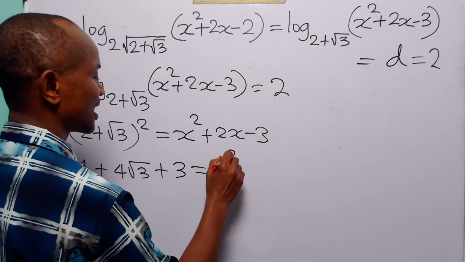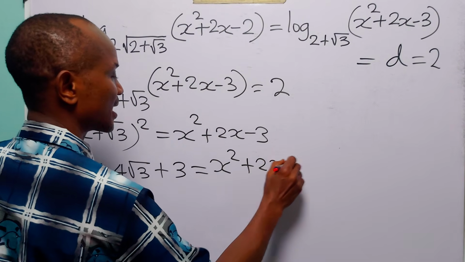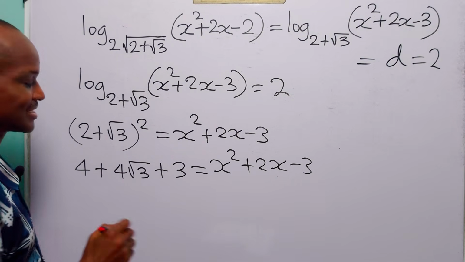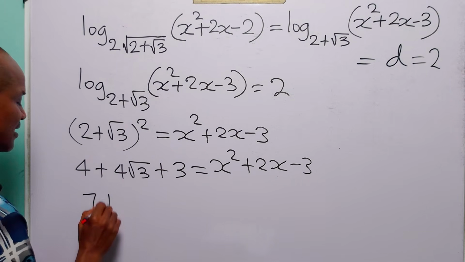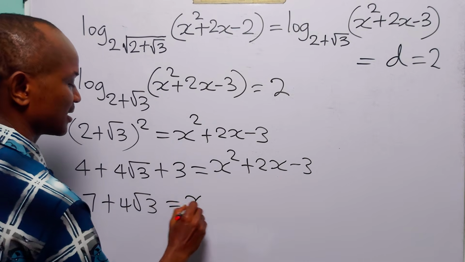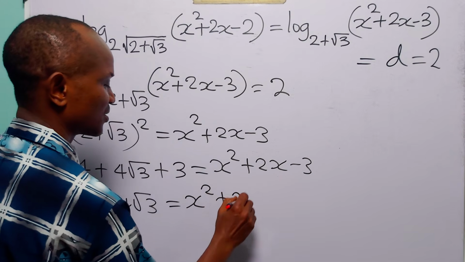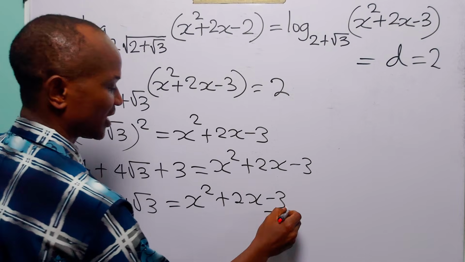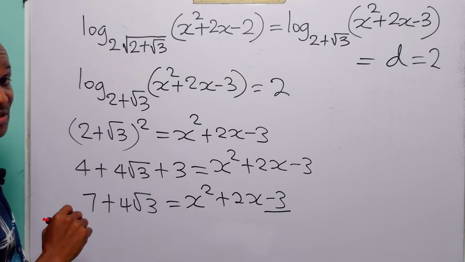This is equal to x squared plus 2x minus 3. 4 plus 3 is 7. So this is equal to 7 plus 4 root 3. And this is equal to x squared plus 2x minus 3. Let us move 3 over to the left-hand side.